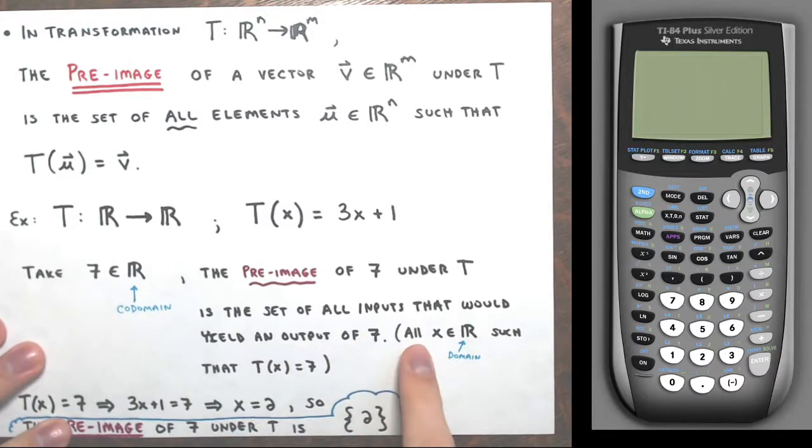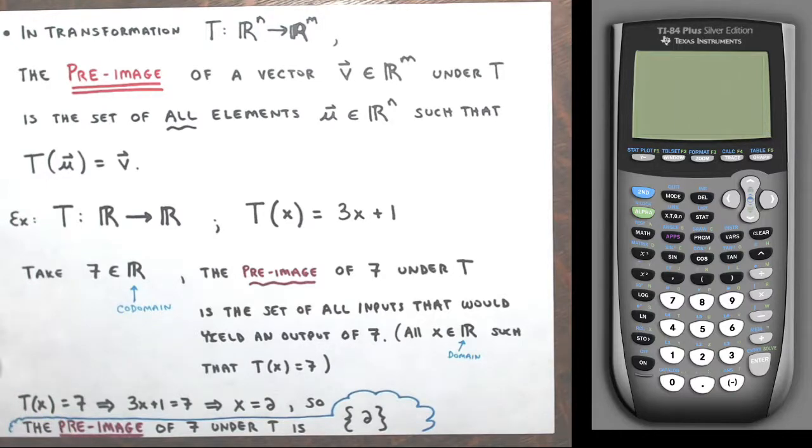Or in other words, all values of the domain, all x belonging to R, and this R is the domain R, all values in the domain such that the image of that is 7. All the inputs whose image is 7.